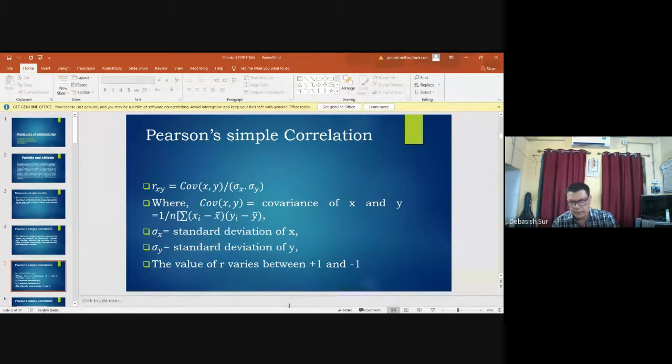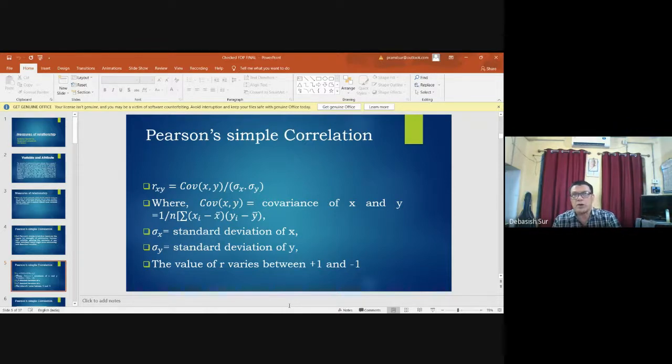Actually, practically, we calculate any types of correlation or any statistical calculations with the help of a statistical package like SPSS. So it is not mandatory to remember always this formula, but we have to know the interpretation.